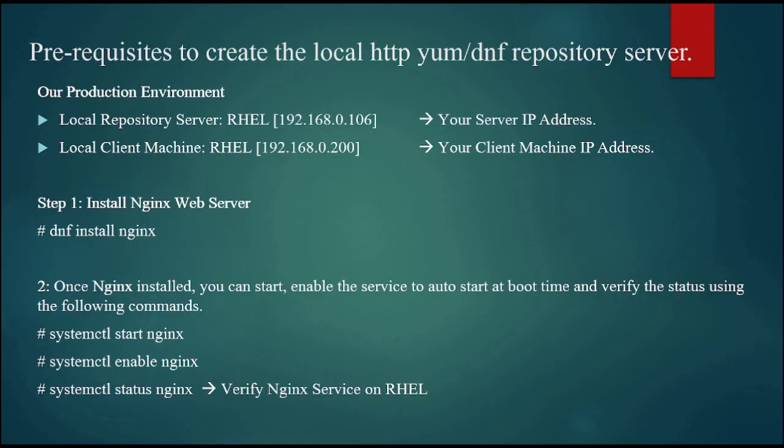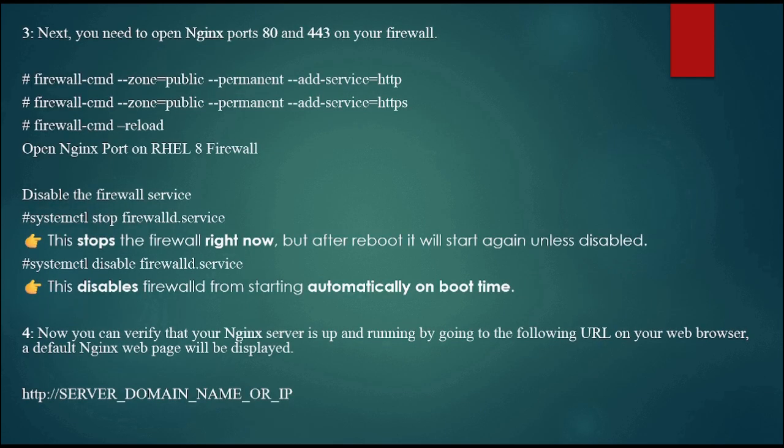After that, we verify the Nginx service with the help of the systemctl status nginx command. Then we whitelist the Nginx port in the firewall with the help of firewall-cmd --zone=public --permanent --add-service=http and --add-service=https.